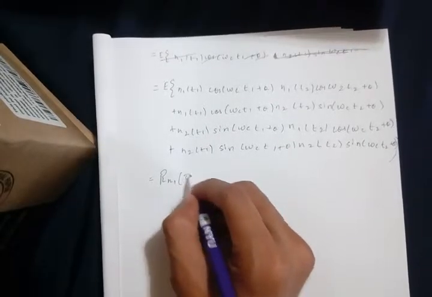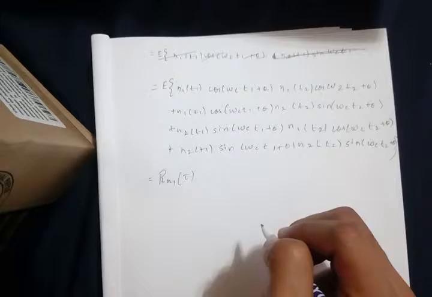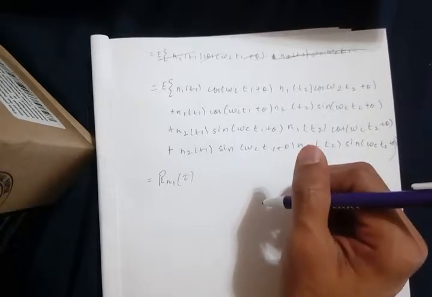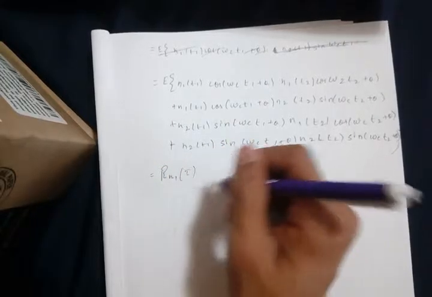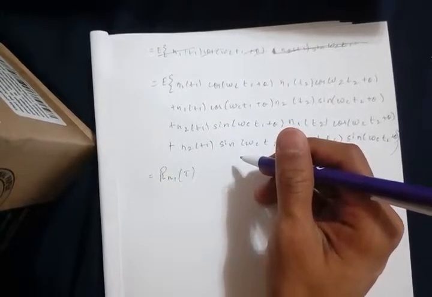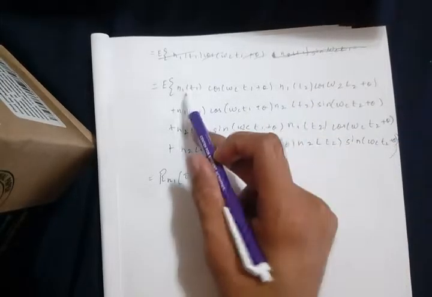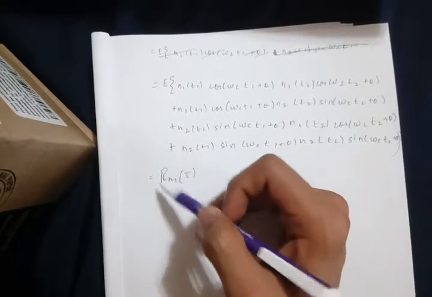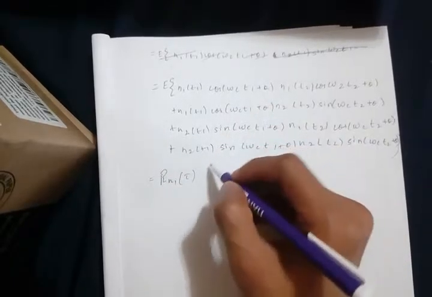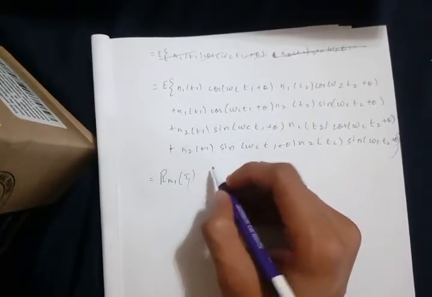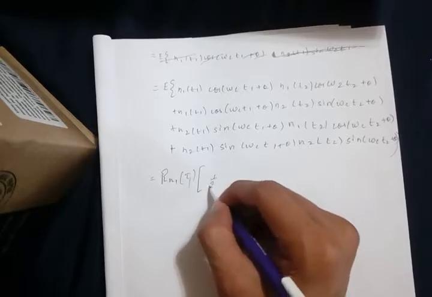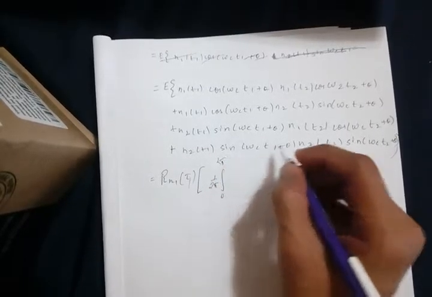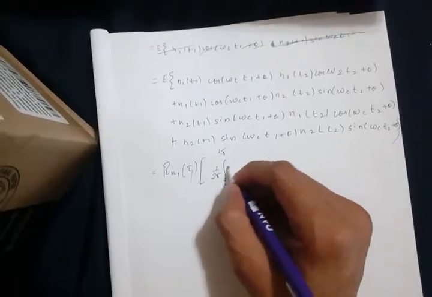Let's say the function r1, that is the autocorrelation at different times t1 and t2, is a function of tau, let's say, and this is multiplied by the term we need to integrate over its entire range where it's uniform.